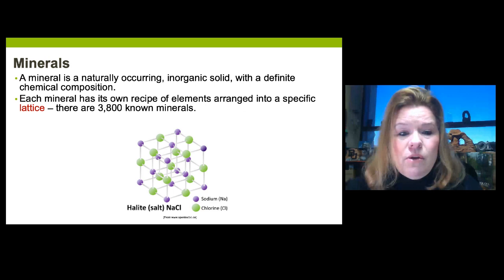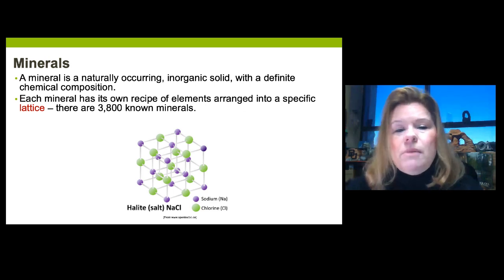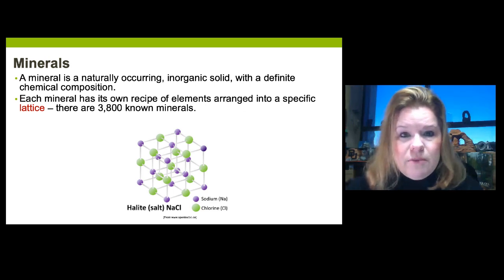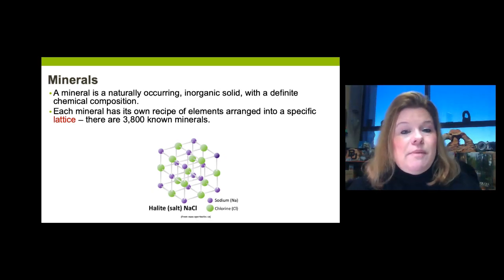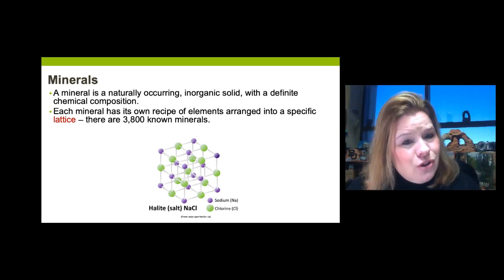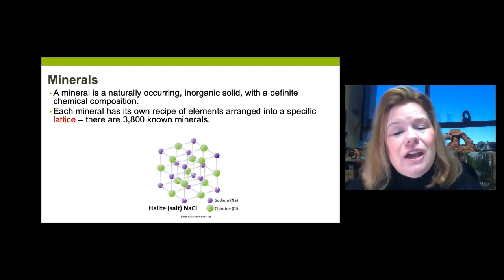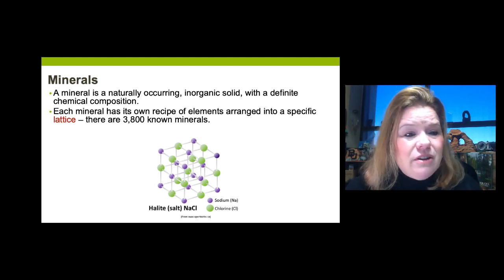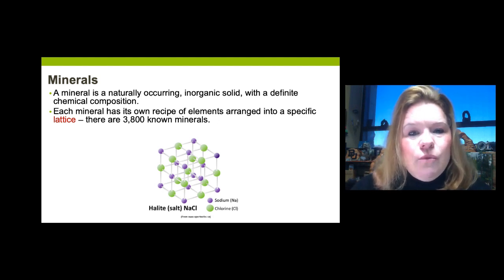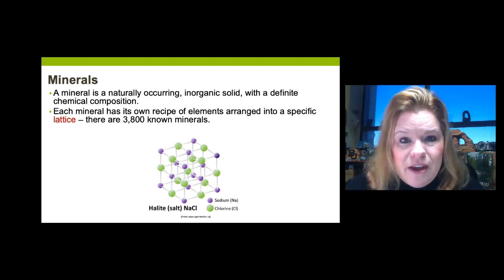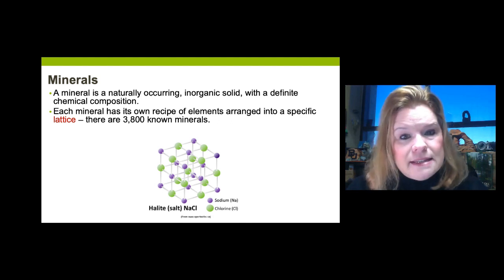So every mineral has its own recipe of elements that are arranged in a very specific manner called a lattice. That chemical composition and the arrangement of the atoms inside of that mineral is called its lattice.